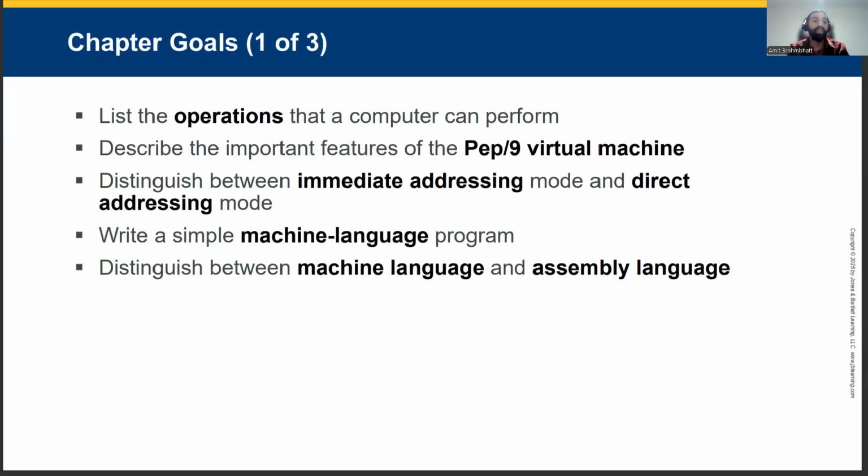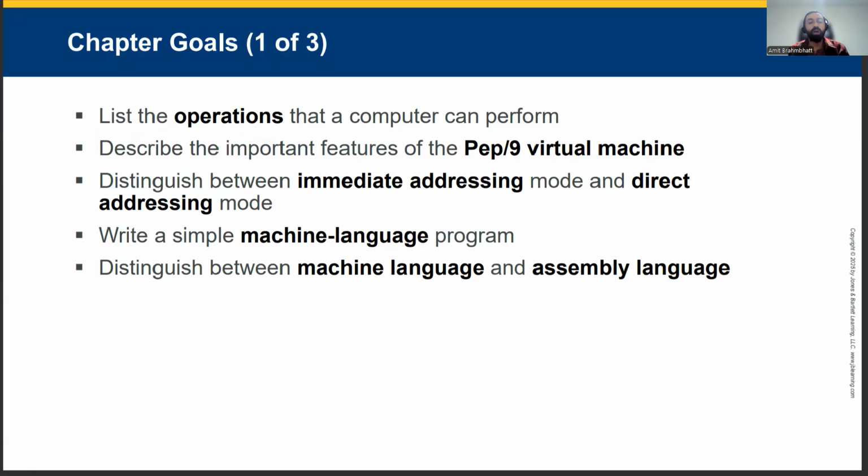Chapter goals. In the first set of chapter goals, we focus on understanding what operations a computer can perform and how the PEP9 virtual machine works. You'll learn to distinguish between intermediate and direct addressing modes, two different ways the machine interprets data.